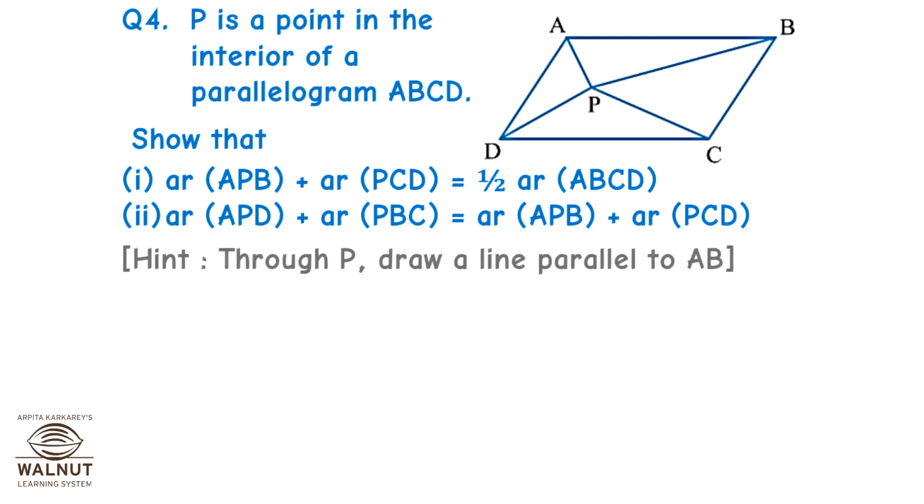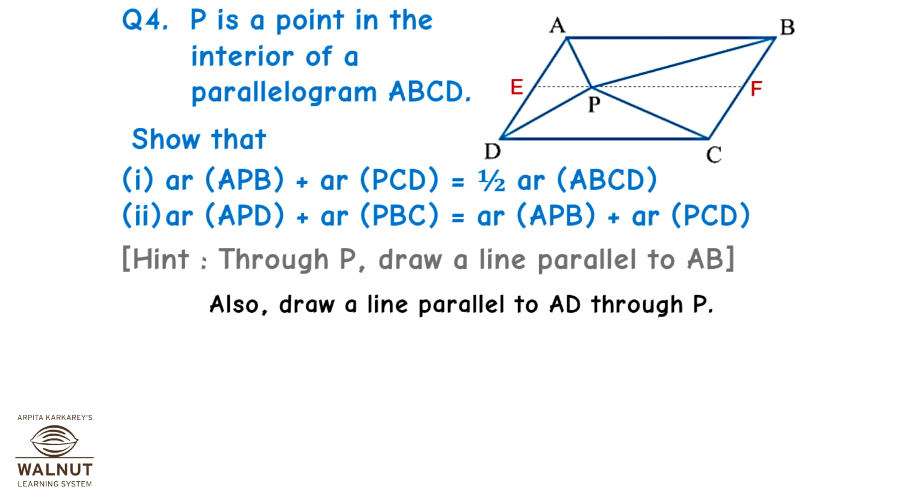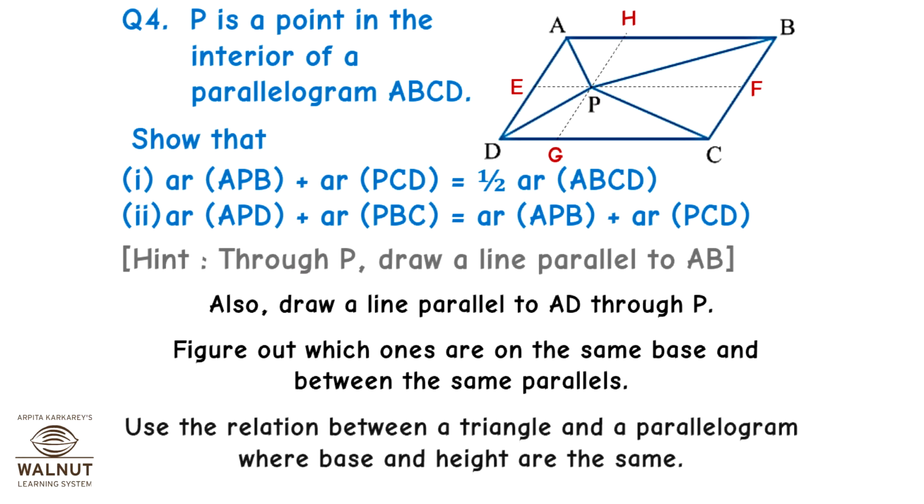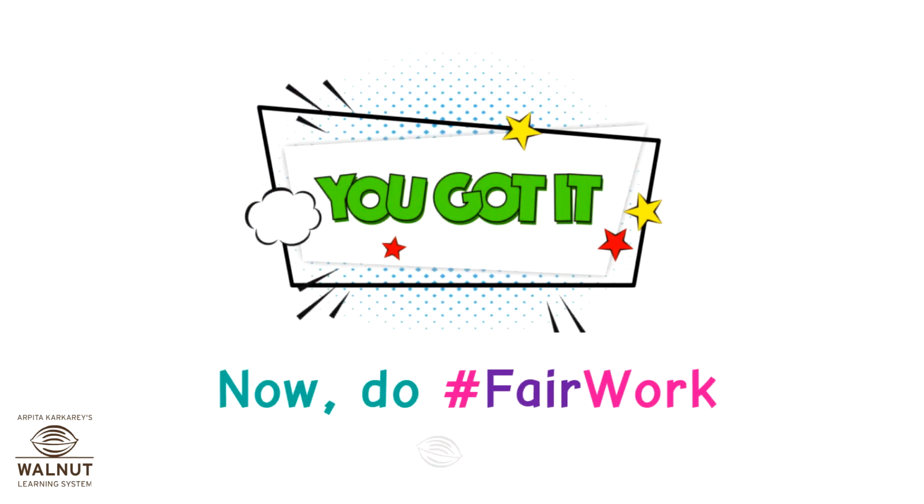Hint: through P, draw a line parallel to AB. Also, draw a line parallel to AD through P. Figure out which ones are on the same base and between the same parallels. Use the relation between a triangle and a parallelogram where base and height are the same. You got it. Now do your work.